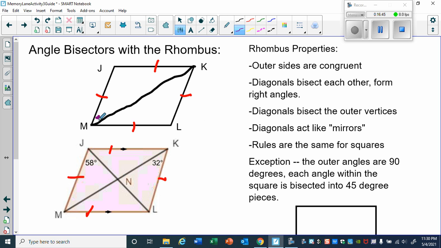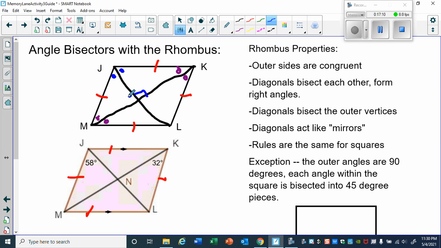So I'm going to color code. And you could also say these two angles are going to be the same up here. Then let's see if we had another. Not the best drawing, but let's say you had another angle measure here.